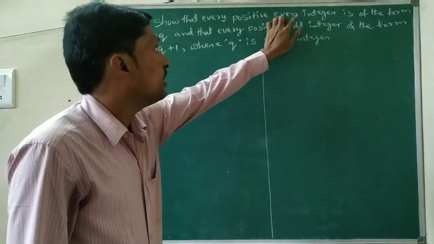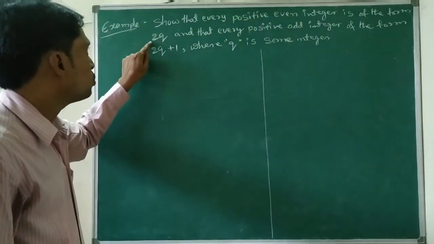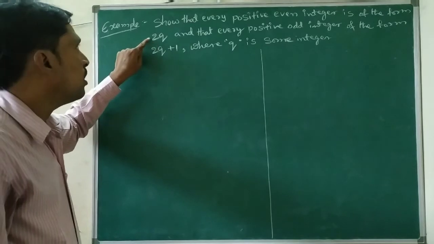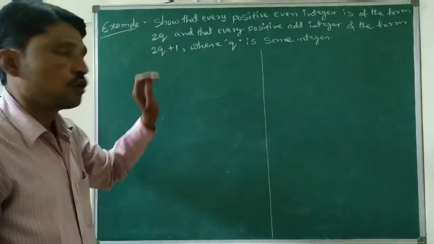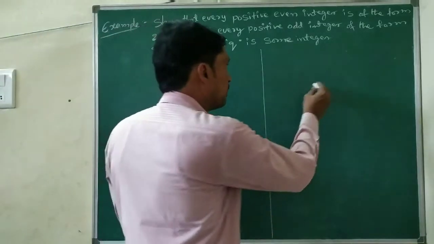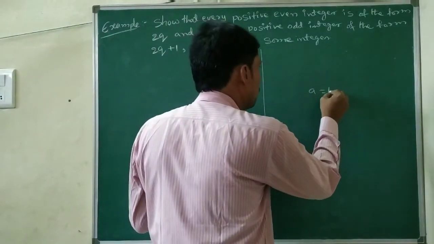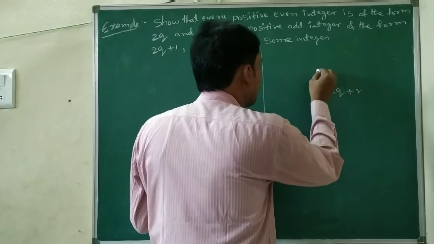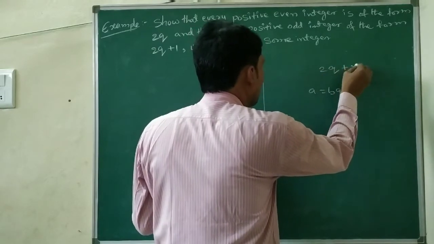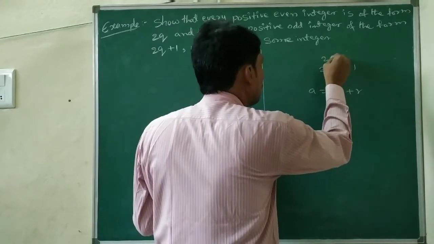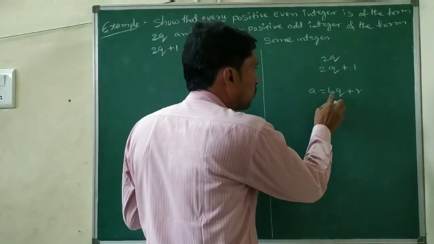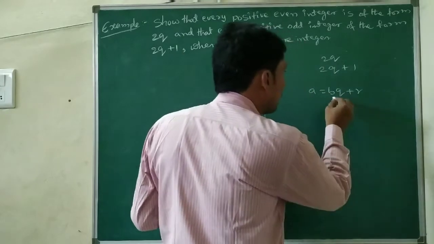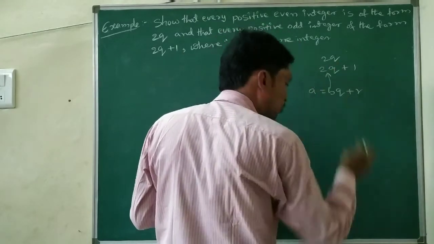Every positive even integer is of the form 2q and every odd integer is of the form 2q plus 1. So it is in the form of a equal to bq plus r type. Here the b value is 2.